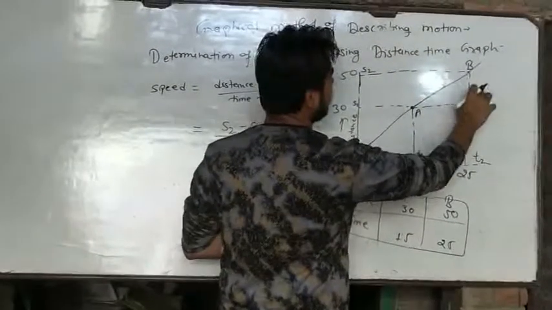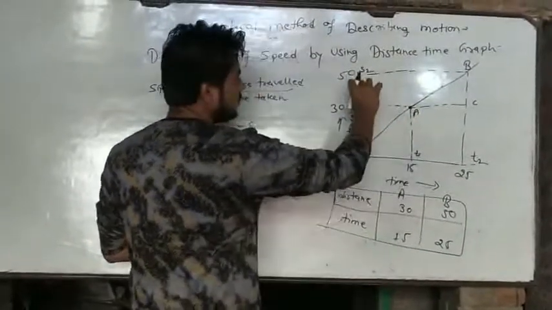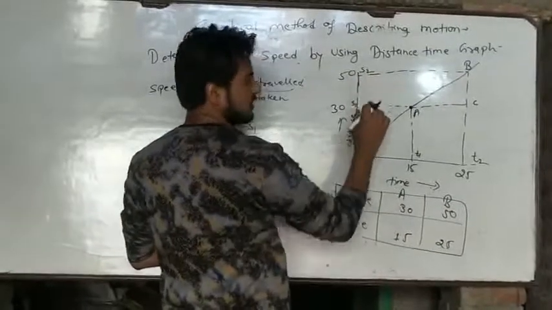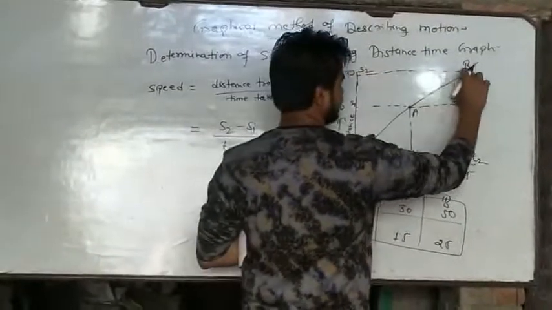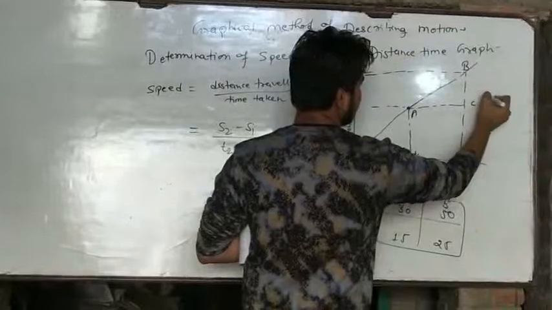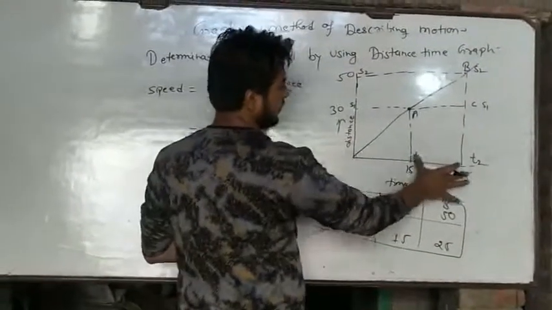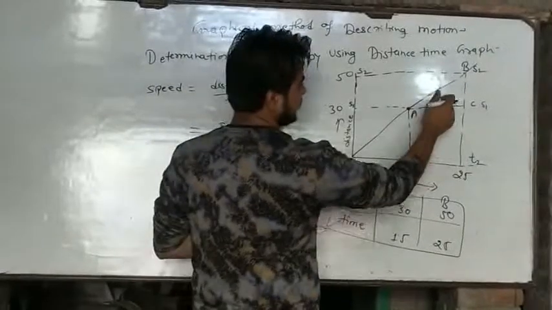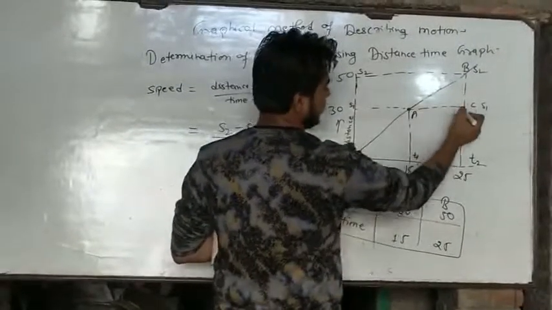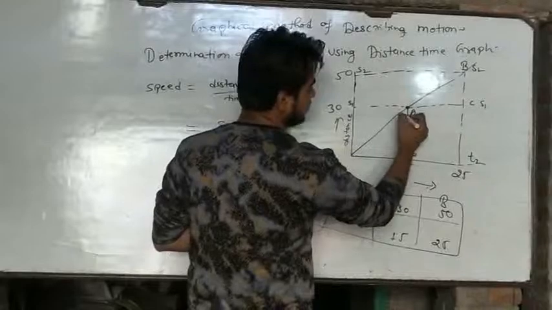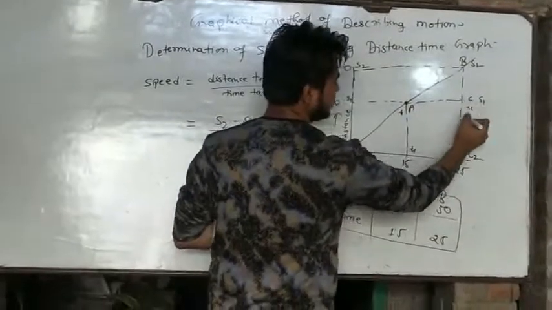Now we form a line parallel to the vertical axis, distance, this one. This is S2 minus S1, and horizontally we form this line, and this is T1 and this is T2.